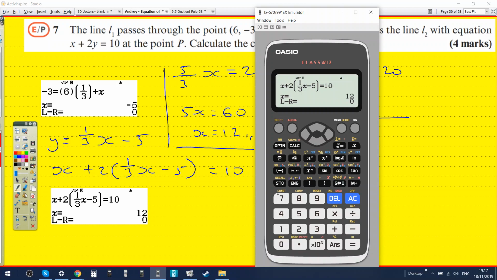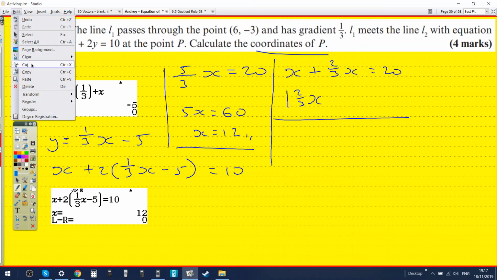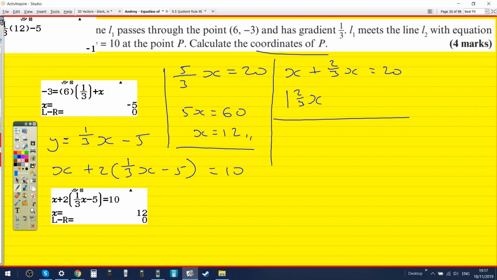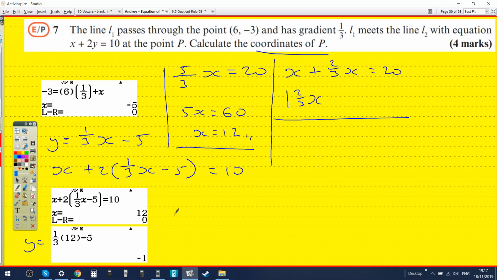A third x minus 5. Okay. Is the answer -1? So the coordinates of P are 12, -1.